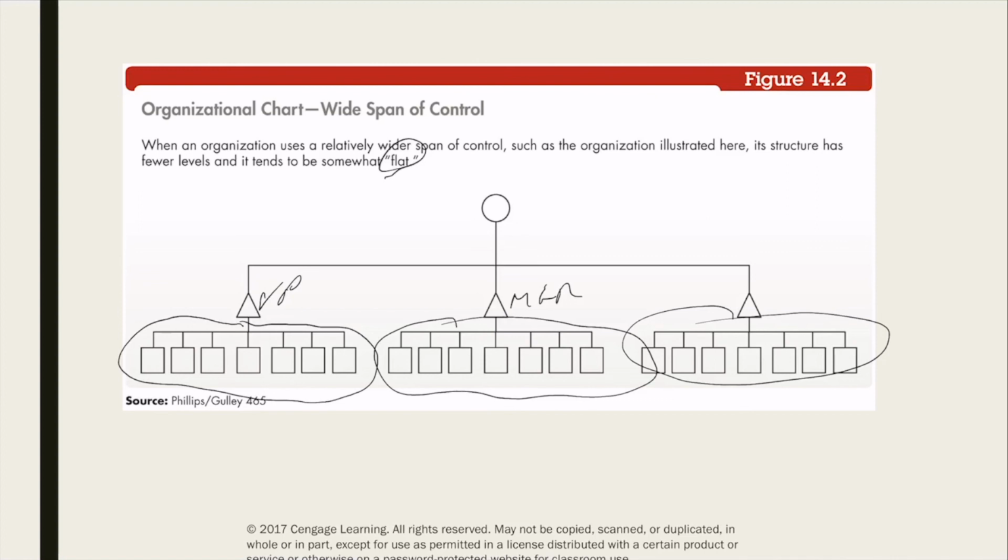Now, here's the reasoning behind this. If you saw in the last slide where there were many levels to go through to communicate with the decision makers, then you can appreciate this model, because as you see, there's not a whole lot of distance between the CEO and the associates here. So communication is quicker.